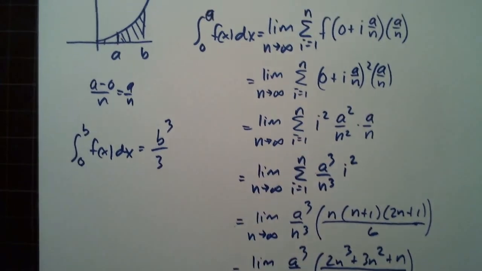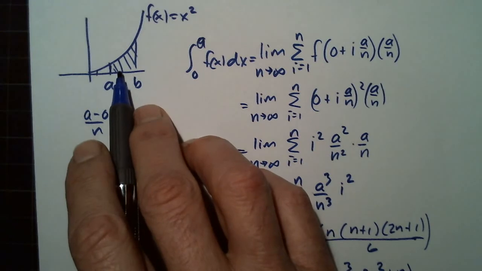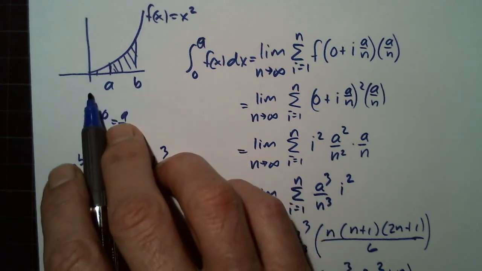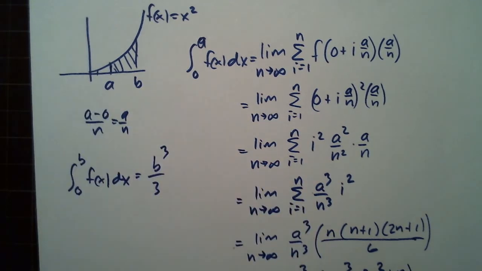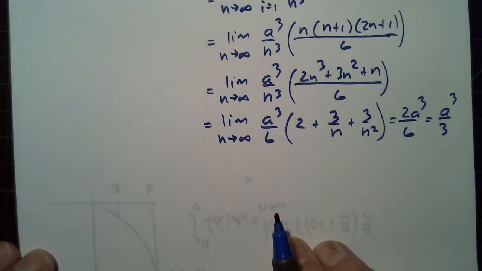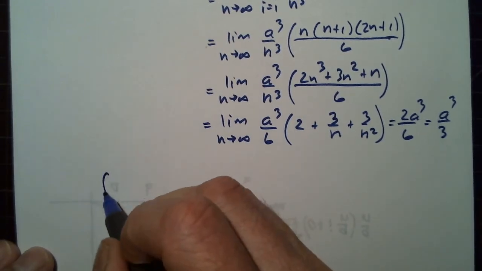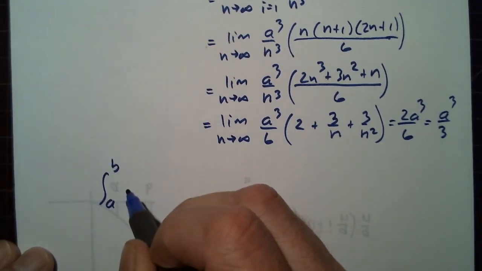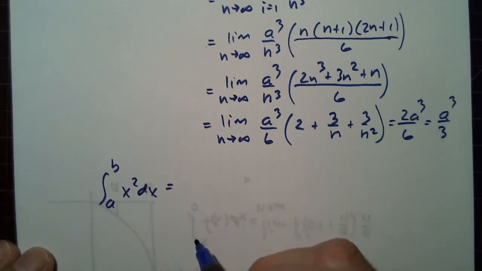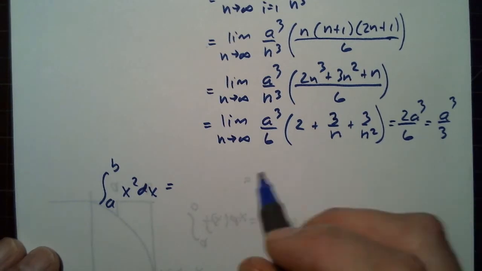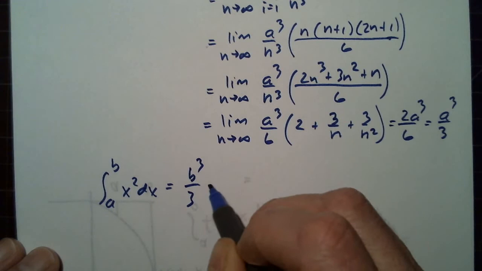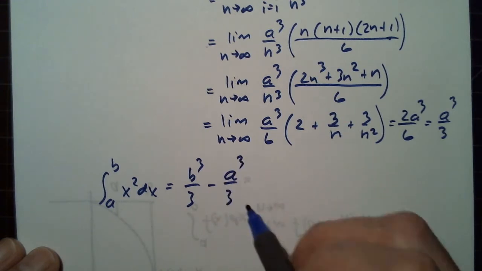And then to find the desired region, we can find the area from 0 to b, and subtract the area from 0 to a. So if we wanted to go from a to b, we're going to have x squared dx, and it ends up being b cubed over 3 minus a cubed over 3.